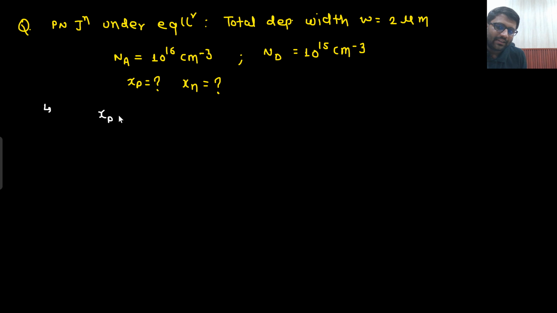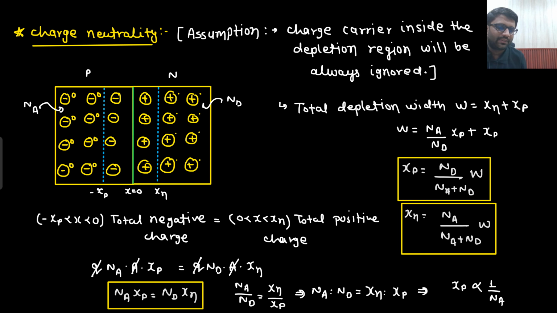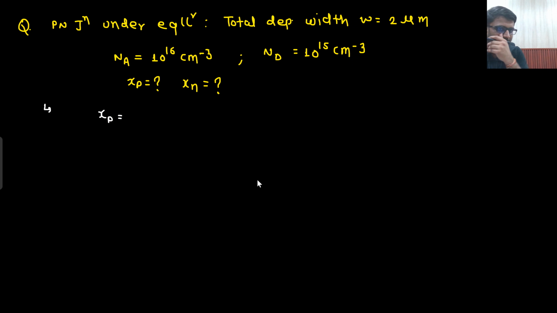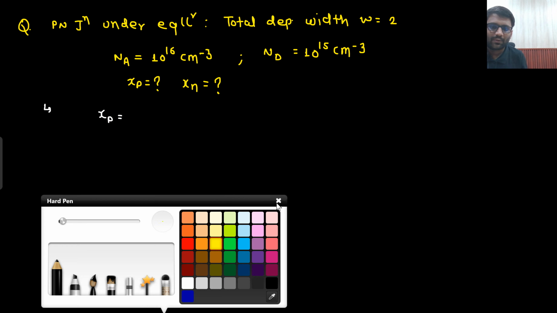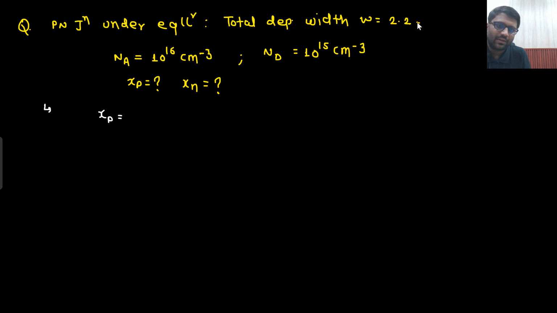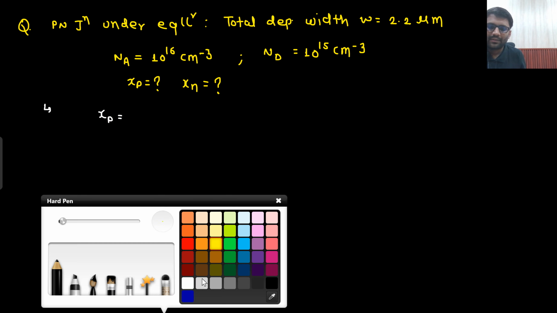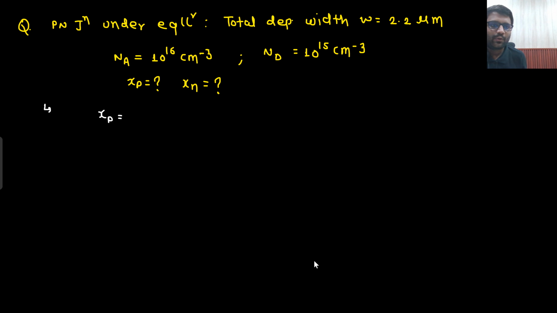If I just apply the formula blindly, xp equals W into Nd upon Na plus Nd. Let's make W 2.2 micrometer, it would become much easier for us. So what would be my xp?